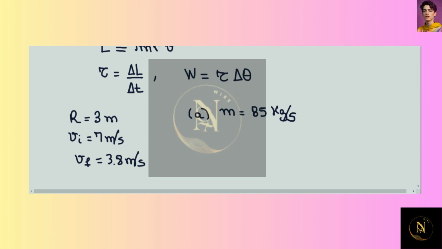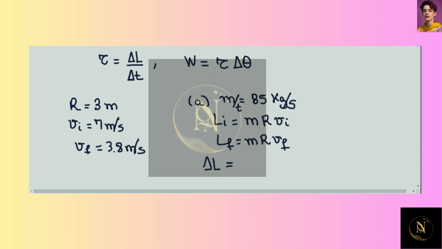Okay, so let's calculate the loss in angular momentum of the water. Notice that the initial angular momentum is the mass of the water, actually the mass divided by time, times the radius of the water wheel times the initial velocity, while the final one is the mass times the radius times the final velocity. So the change in angular momentum is mr times vf minus vi. This is 85 kilograms in 1 second.